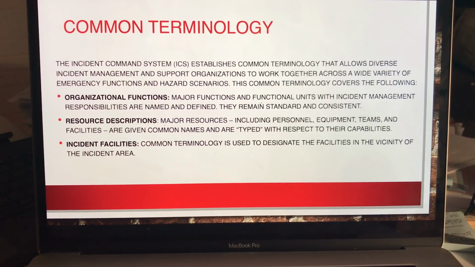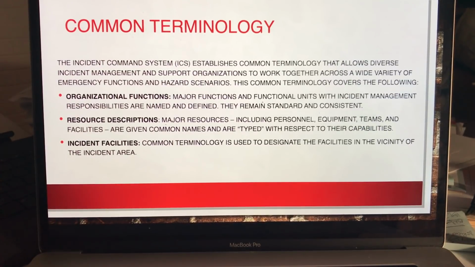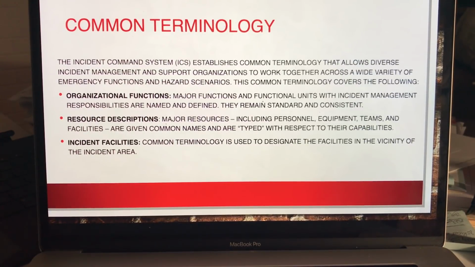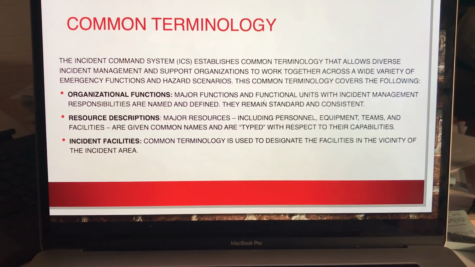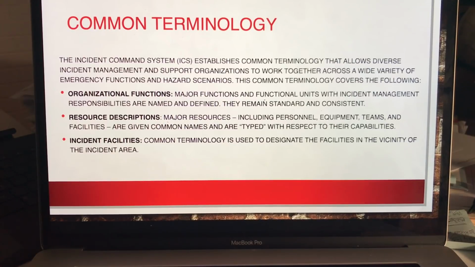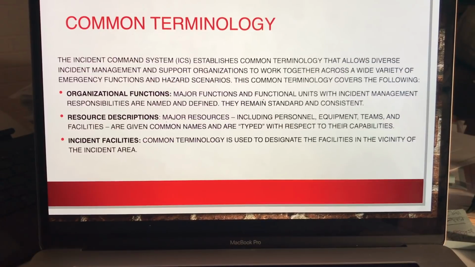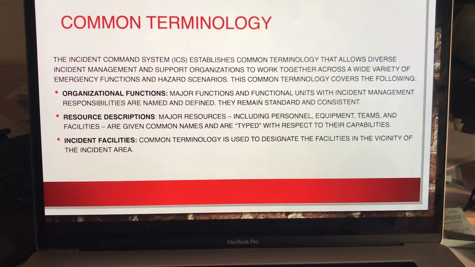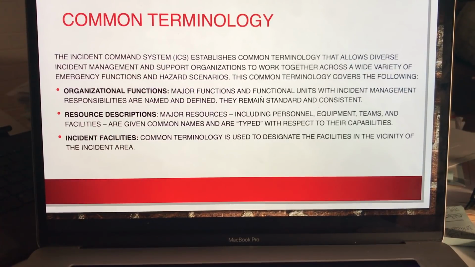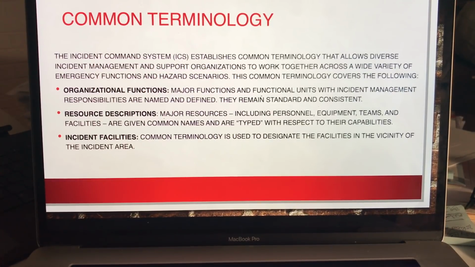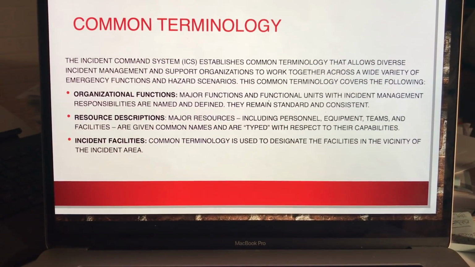They remain standard and consistent. Resource descriptions. Major resources, including personnel, equipment, teams, and facilities, are given common names and are typed with respect to their capabilities. Incident facilities. Common terminology is used to designate the facilities in the vicinity of the incident area.